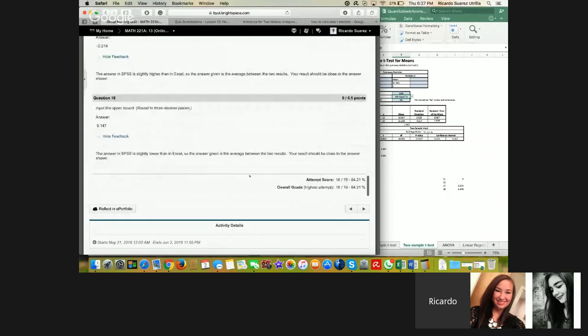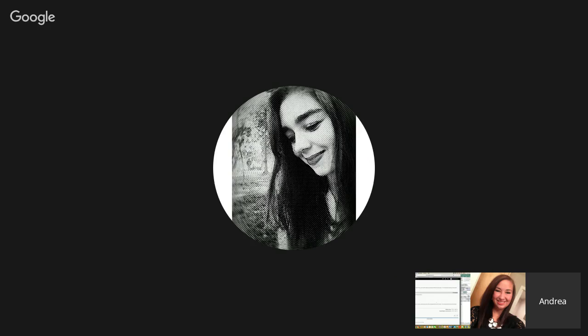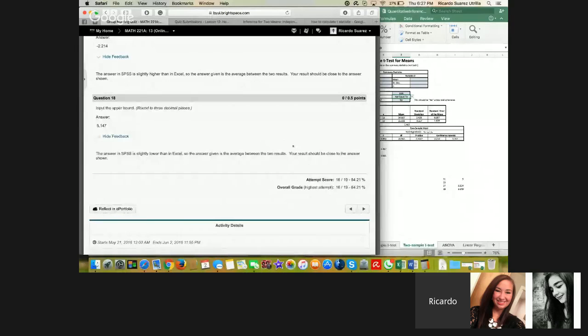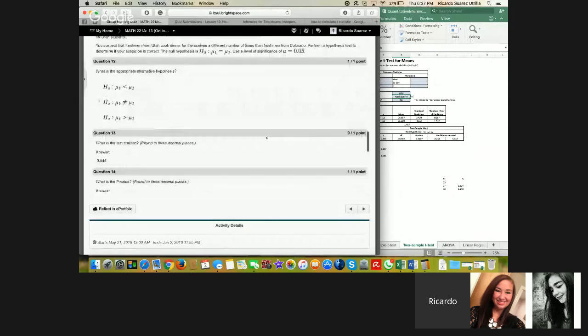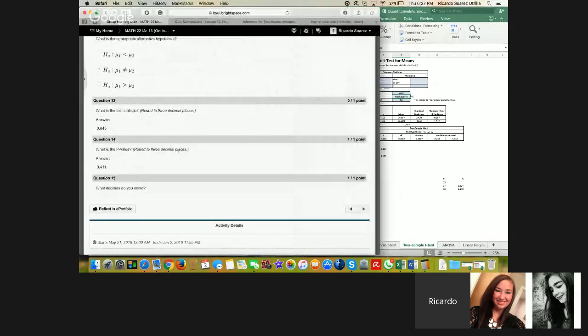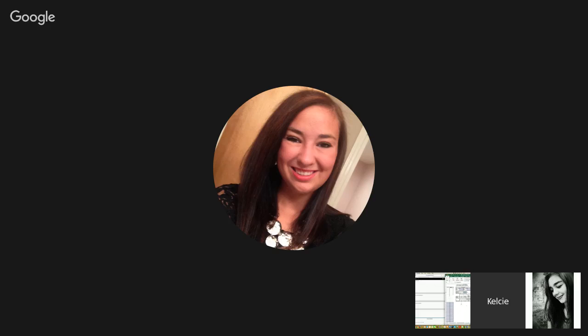If you check my score, it says that I have 16 of 19, and we have 18 questions. Well, some questions have more points than others. Oh, okay, that's why. But it's impossible because if we change something in the chart, we are going to have a different p-value. I don't get why that one would be wrong.